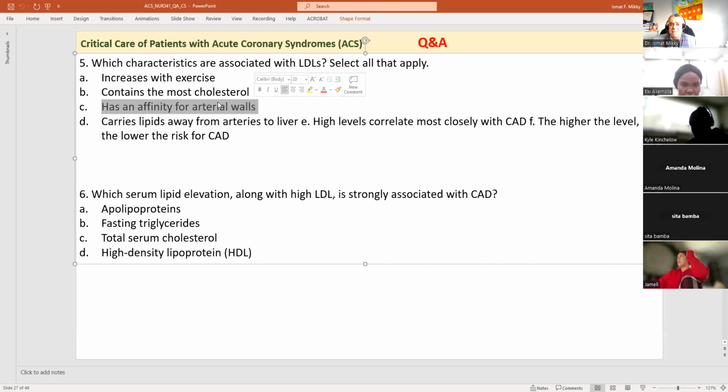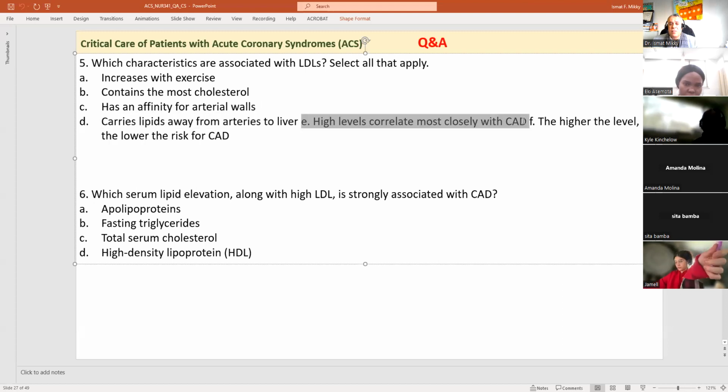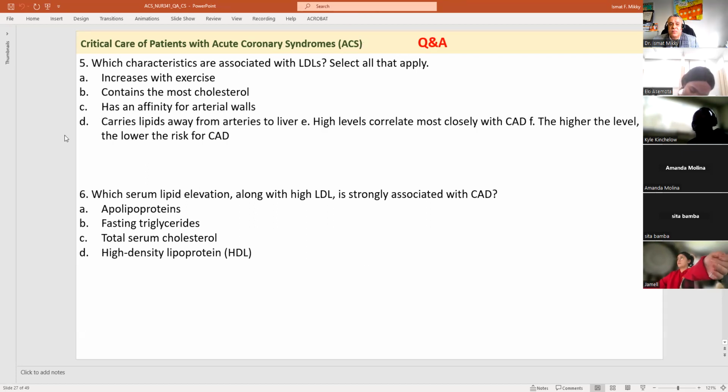So B and C. And then we have one more, right? Which is E. So B, C, and E. Number 6.